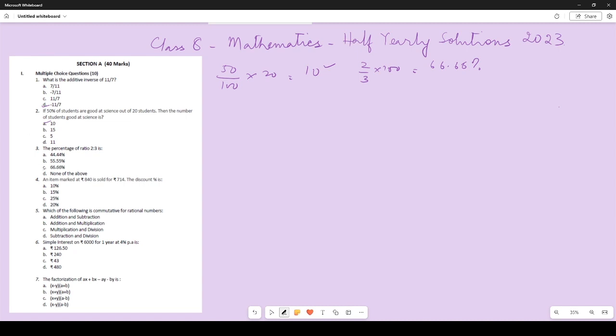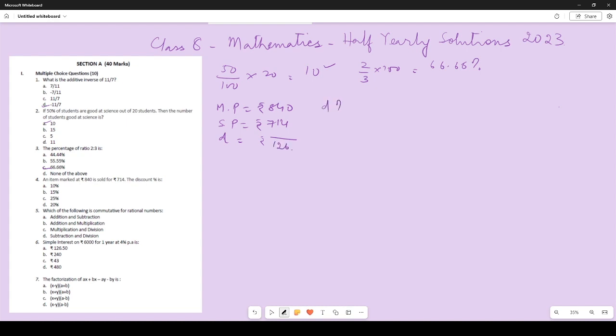Then the next question is, an item marked at 840 is sold for 714 rupees. So marked price is rupees 840. The selling price is rupees 714. So what is the discount which is given? When you subtract them, you get 126 rupees.